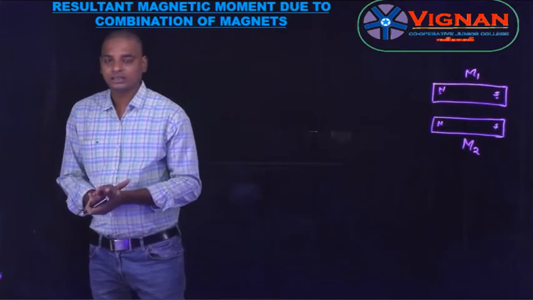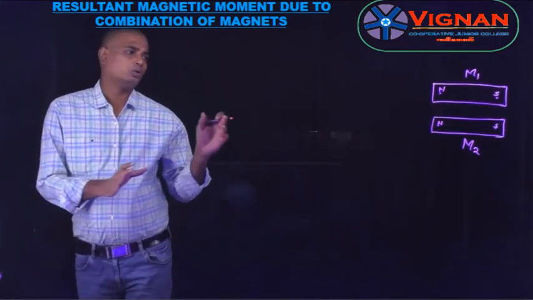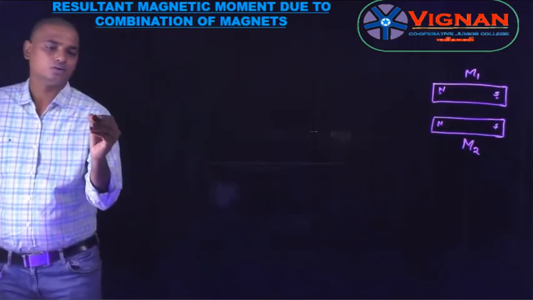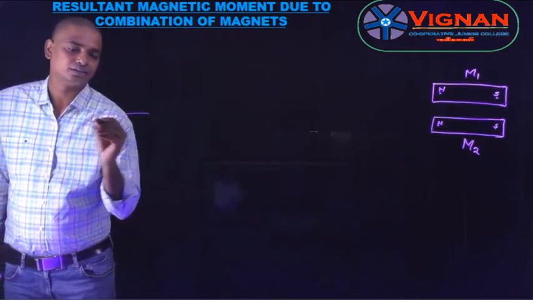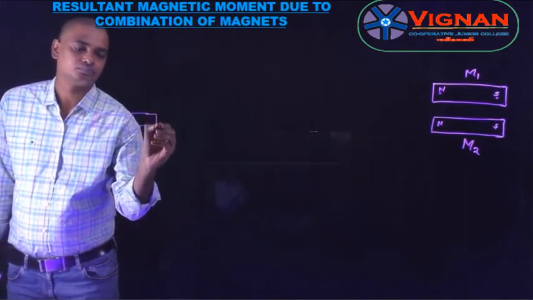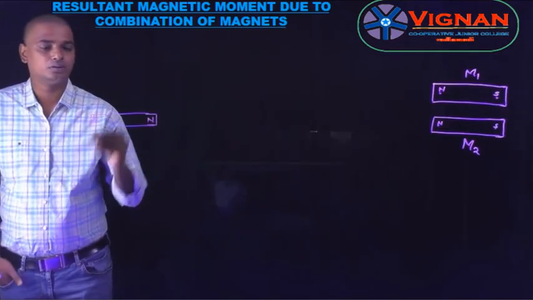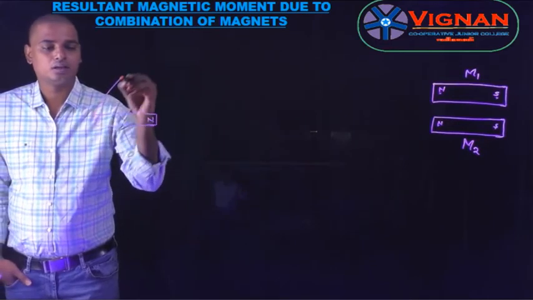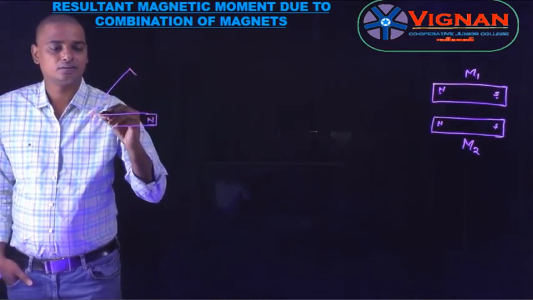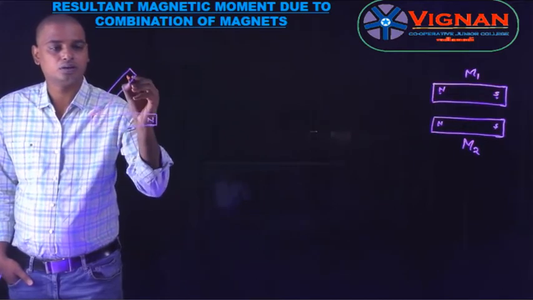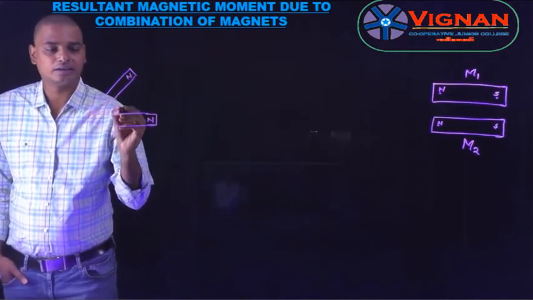In the first case, let the two like poles touch each other, making an angle theta. The two magnets will be like this: this is the south pole and this is the north pole, and another magnet is placed here, south pole and north pole, making an angle theta.